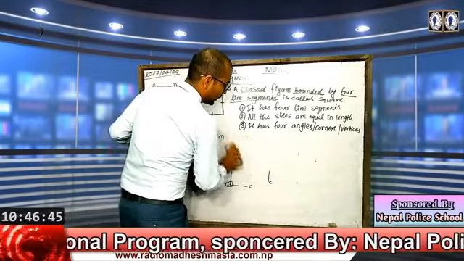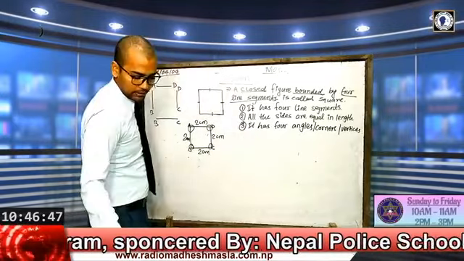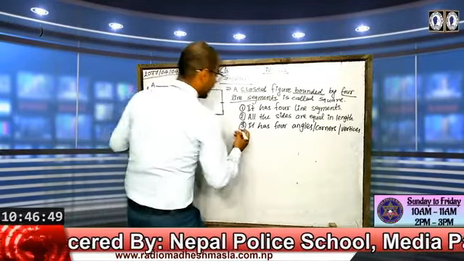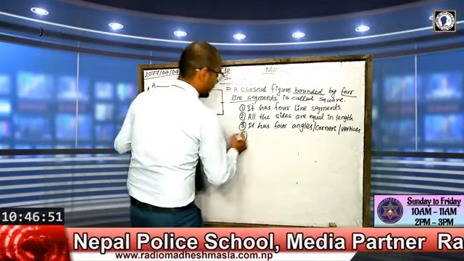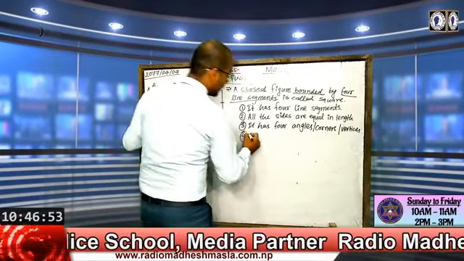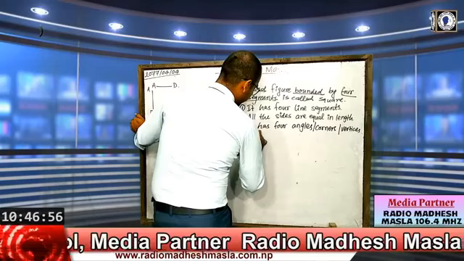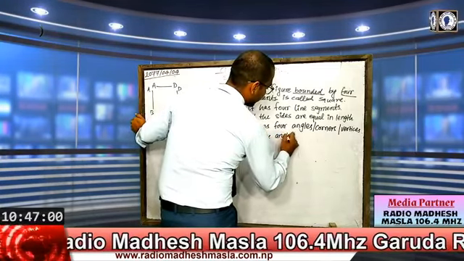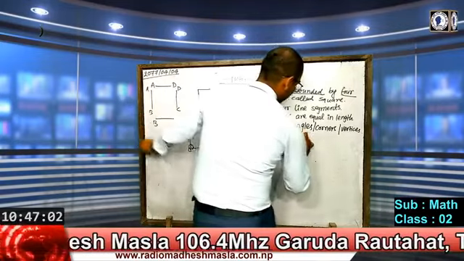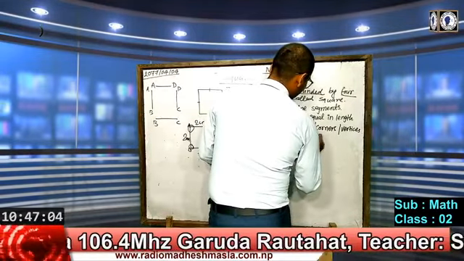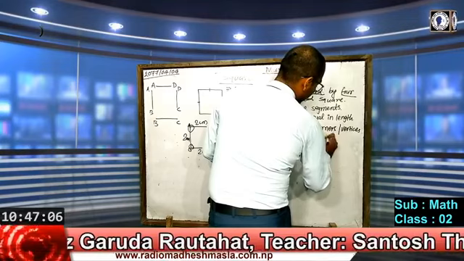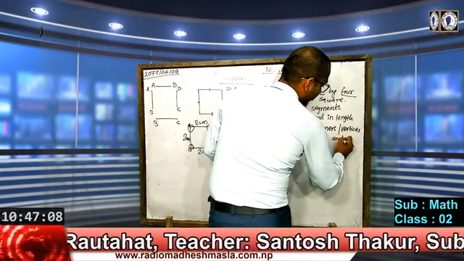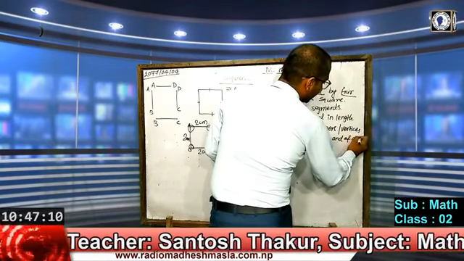Yes, so this other property, that means the 4th property of a square that we need to discuss here is, all the angles are equal and of 90 degree.